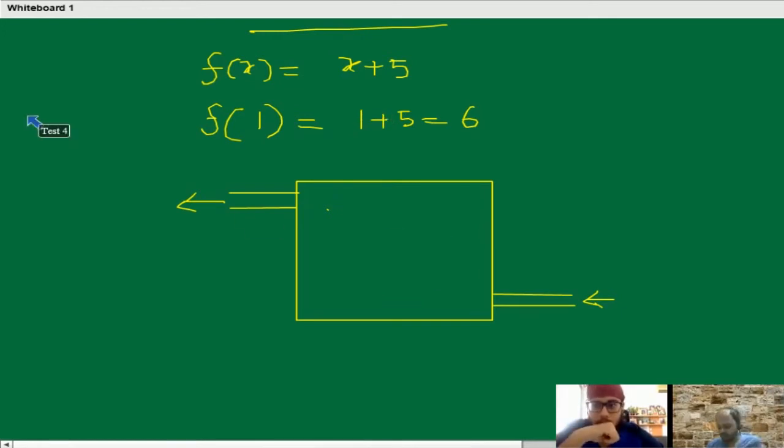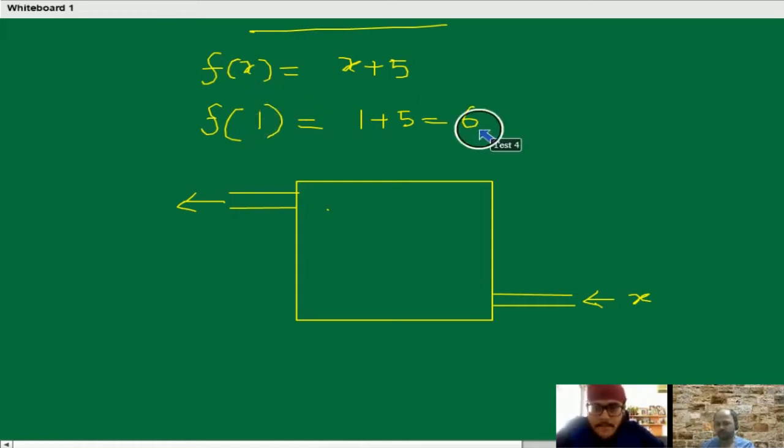So here, what do you have to keep in mind? The inlet means input, that is x. We can choose x. As I asked, what would be the value of f of 1? You rightly said 6. You can also have inputs like 0, 2, whatever comes to your mind, you can substitute and get the answer. So you have full control over x.